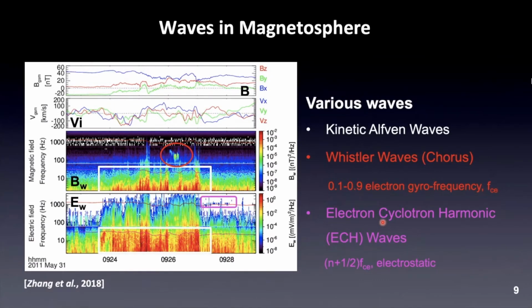These two, the whistler mode and ECH waves for short, are what we will focus on in today's presentation. Both of them are electron scale waves, with a difference in the frequency range. That's pretty much the background.